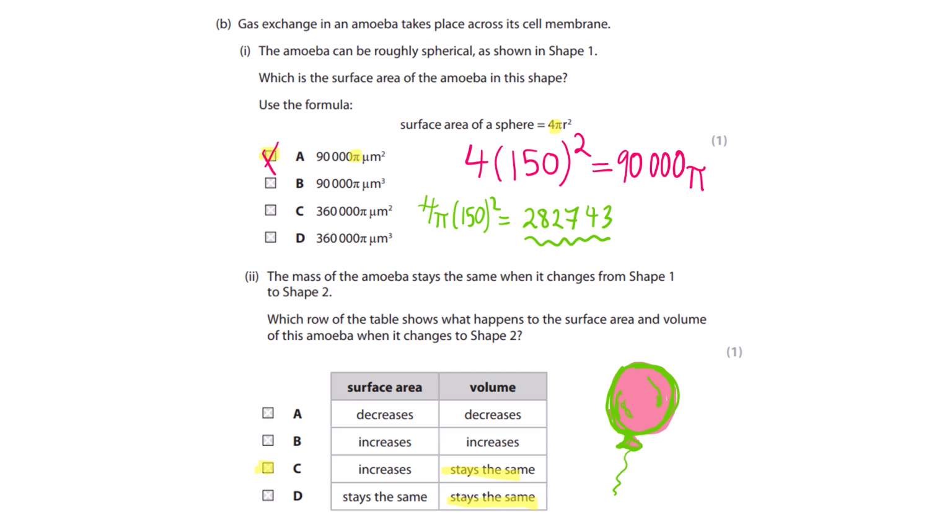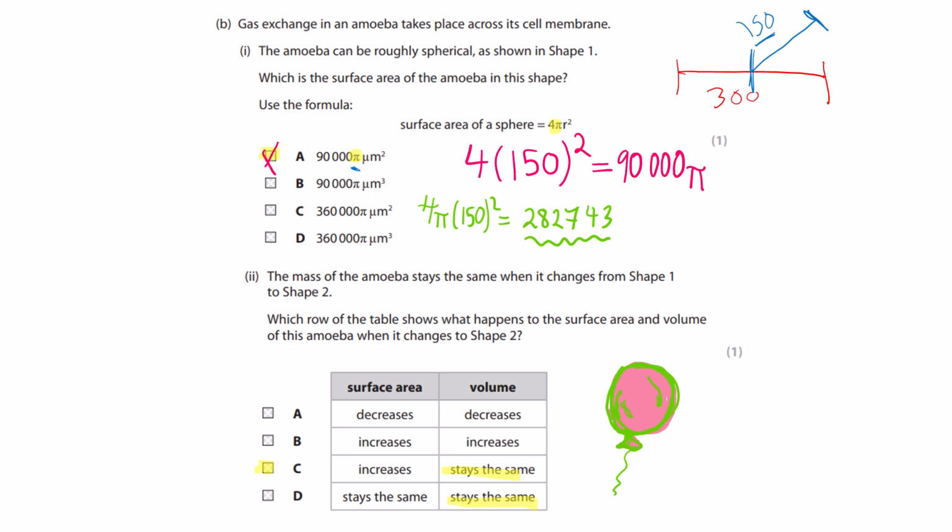Now, in the previous question, we had a diagram with the picture of the amoeba with the diameter being 300. Now remember, the radius is half of the diameter, so it's going to be 150. Okay? And also notice how in the question they put pi over here.